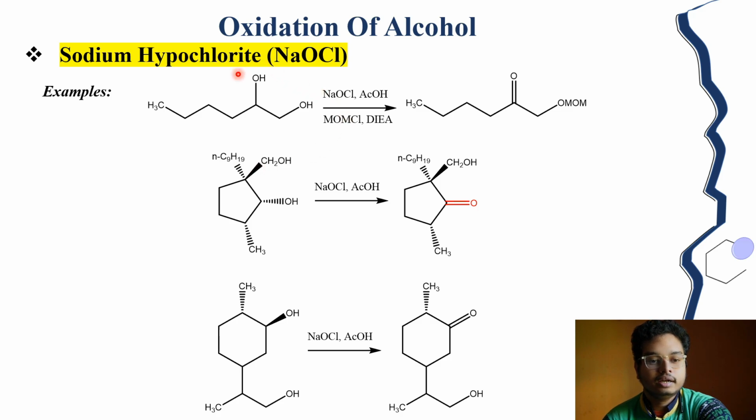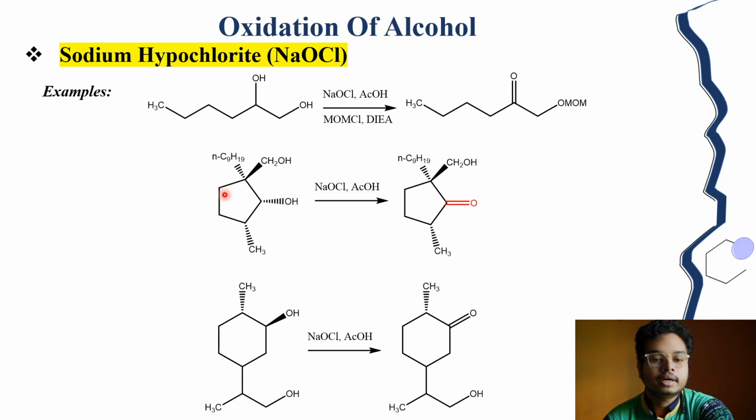For example, here you can also find the secondary one and the primary one. In the presence of sodium hypochlorite, the secondary one gets oxidized and the primary one stays, and in the second part there is protection of the primary alcohol. So this primary alcohol gets protected. If you don't know about protection and deprotection, you can check my protection deprotection lecture series also.